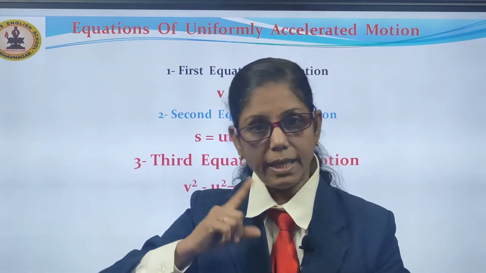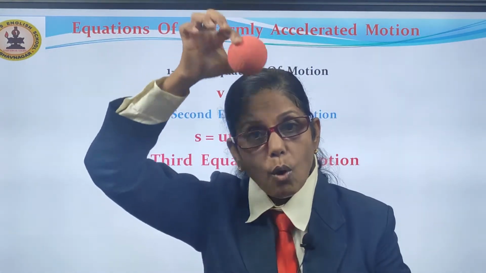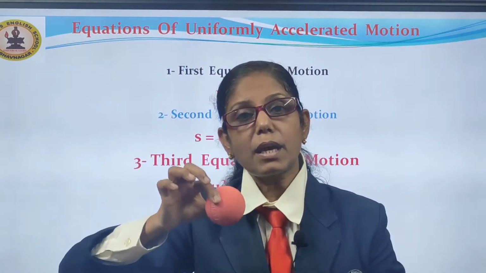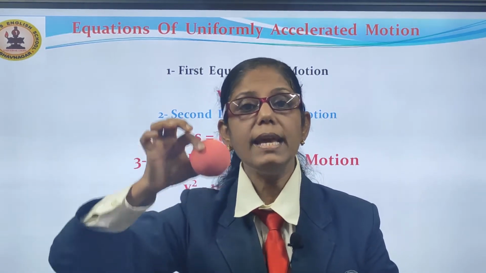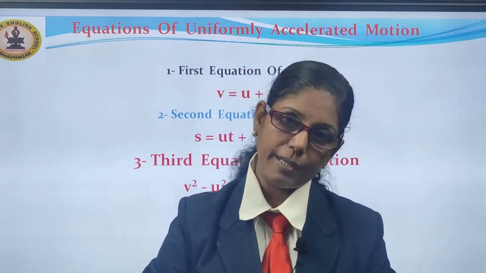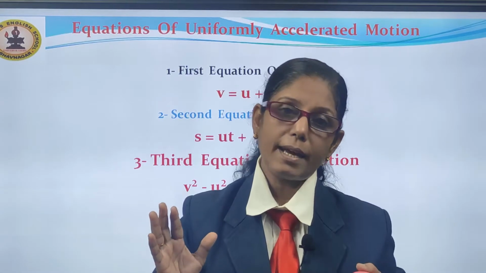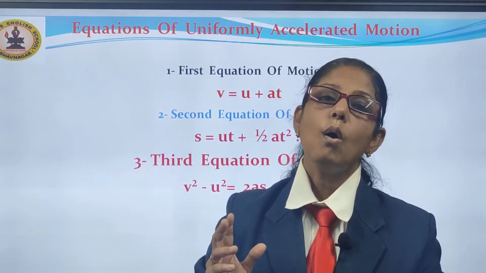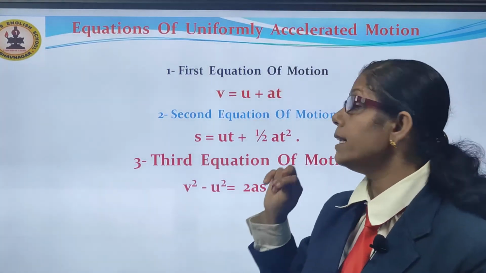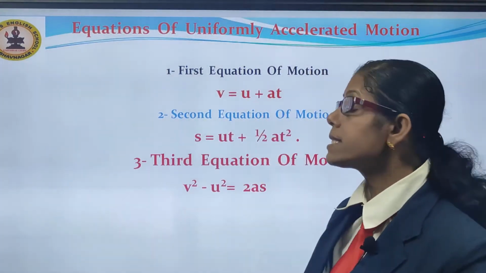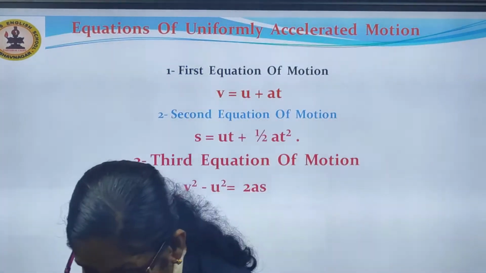Okay, clear? Then, I have to draw the velocity time graph of this uniformly accelerated body. From the velocity time graph, I have to find out what is its final velocity. That is what the first equation gives.